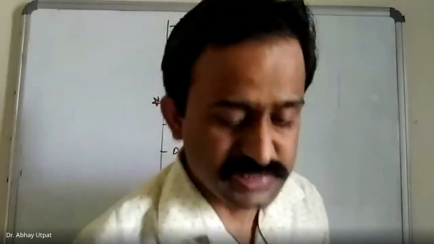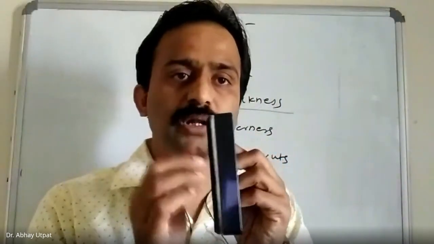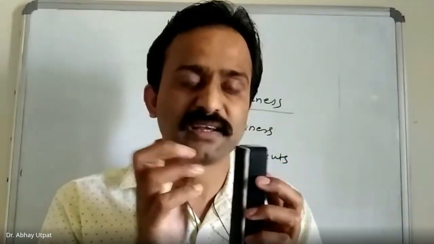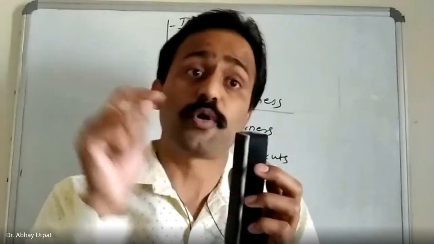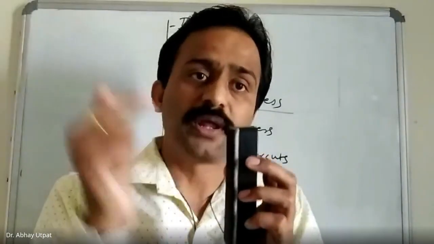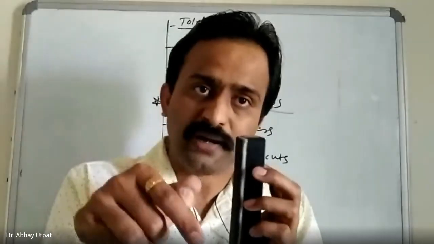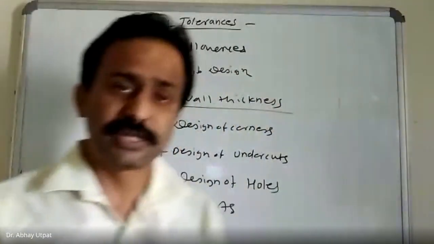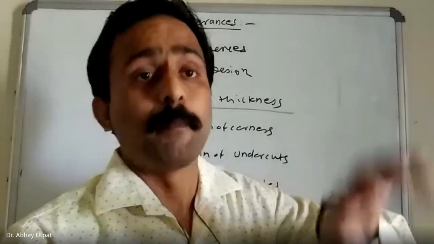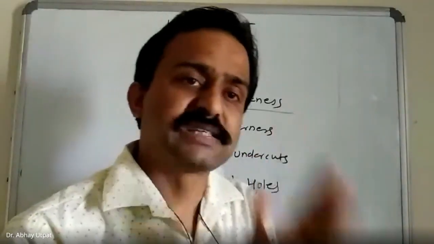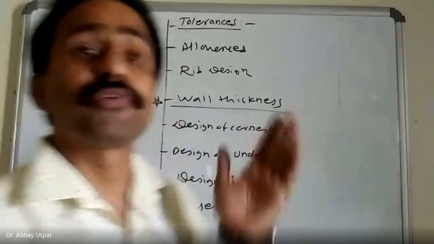If this is the thickness of the plastic component, and suppose this part is the inner part and this part is the outer part, the outer part becomes solidified. This is in contact with the mold, but this is inside the plastic part, surrounded by a thick coating of plastic, and here it will be in a plasticized state for a long time, and it is very difficult to extract heat from the inner part by the mold wall, because plastic is a bad conductor, or polymers are bad conductors of heat.